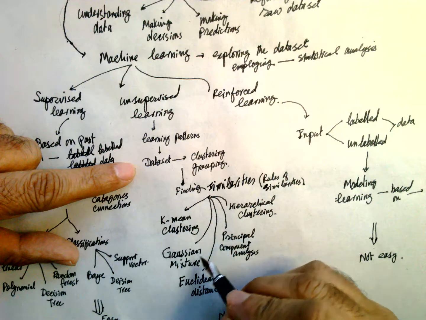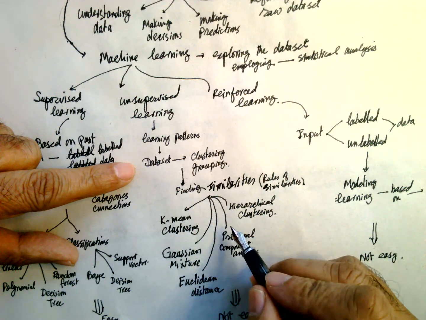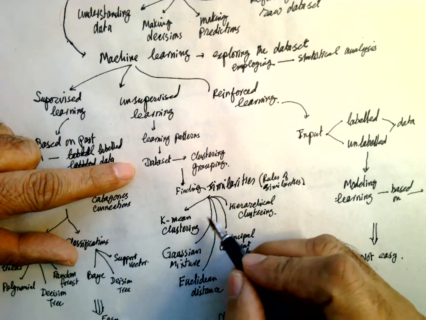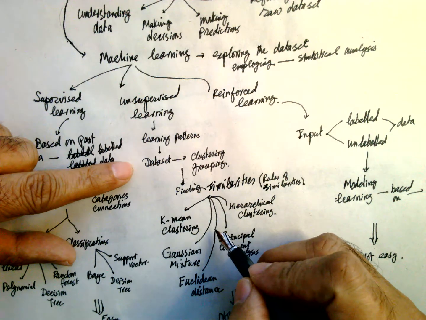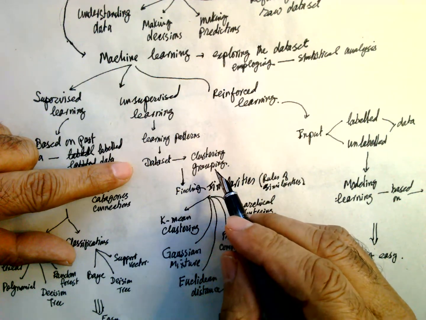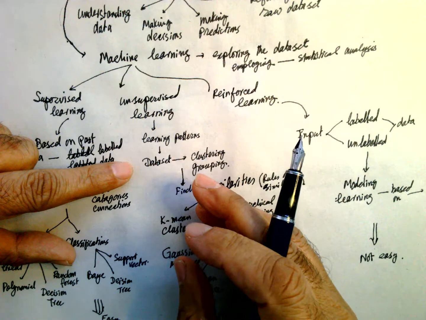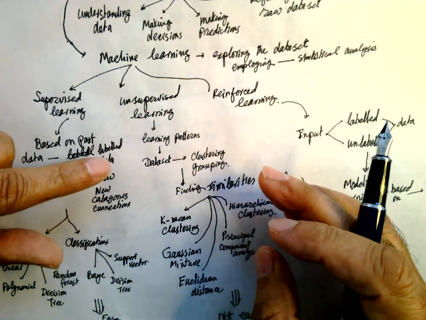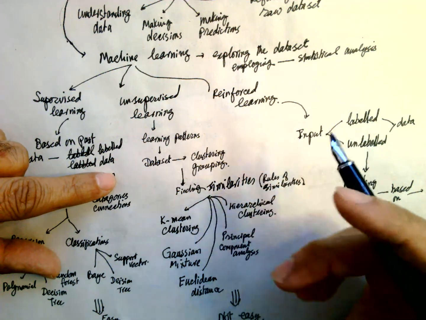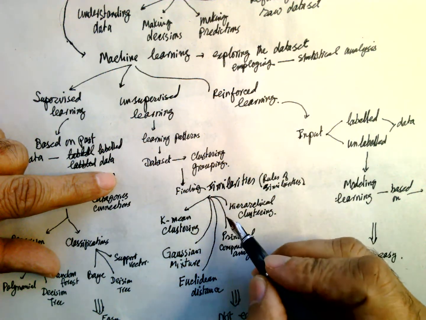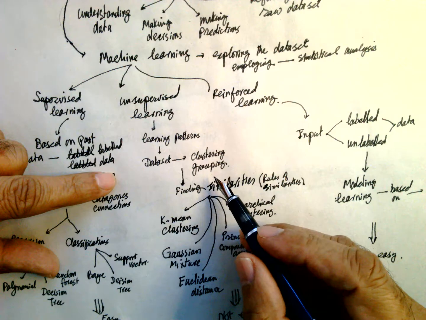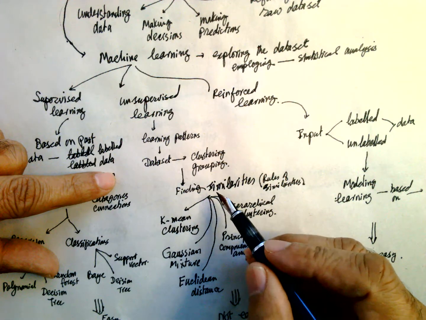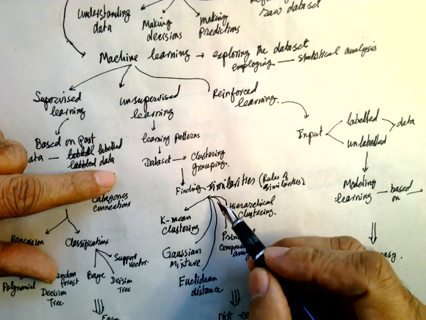These are the techniques used in unsupervised learning. There are no labels, but we have some data to learn from, so we make some kind of clustering or grouping, and then make it meaningful data.